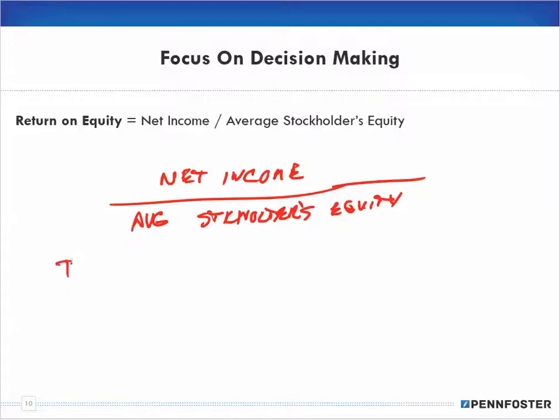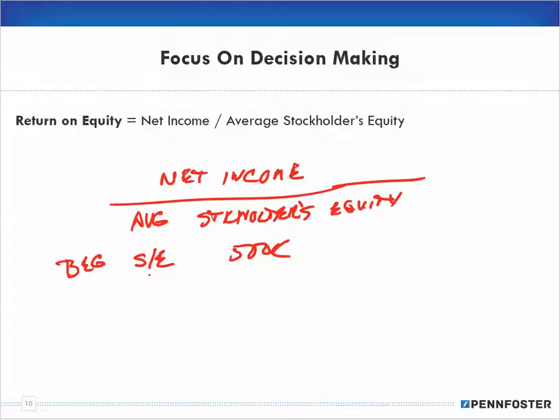You have a beginning stockholders' equity, and I'm just going to make up a number. Let's say it's 500,000, and nothing happens to that account. There's no change in the equity accounts other than what would happen with retained earnings, and that means you would close it out.